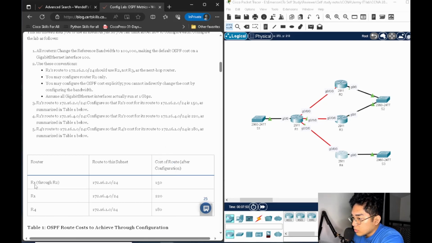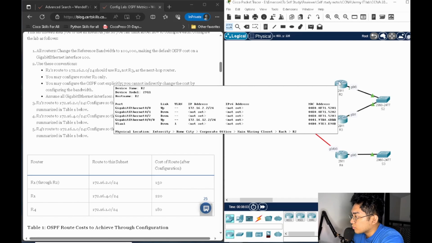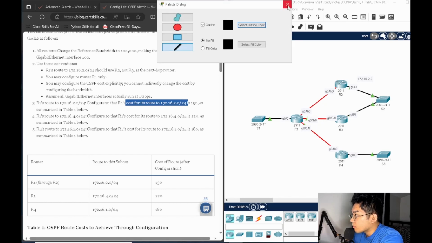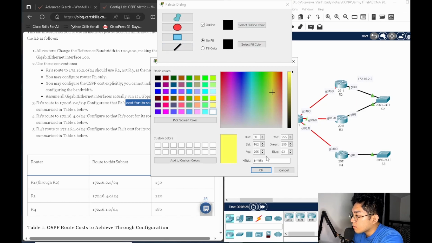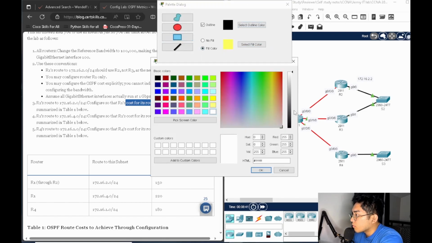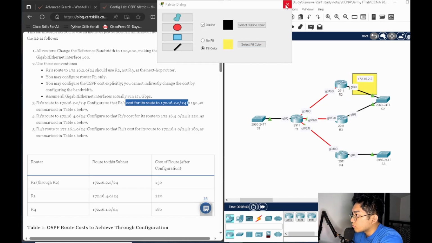Cost of route, I think it's connected. R1's cost for its route to 172.16.2.2 on G0/0 is 17. Yes, this is 17.